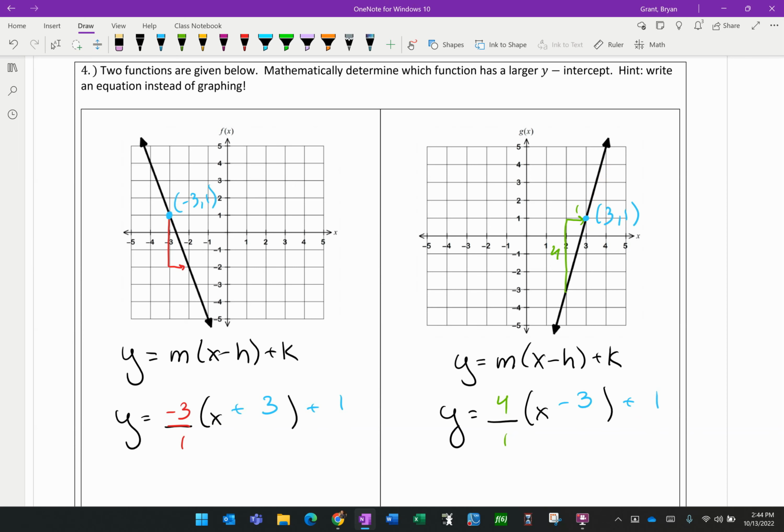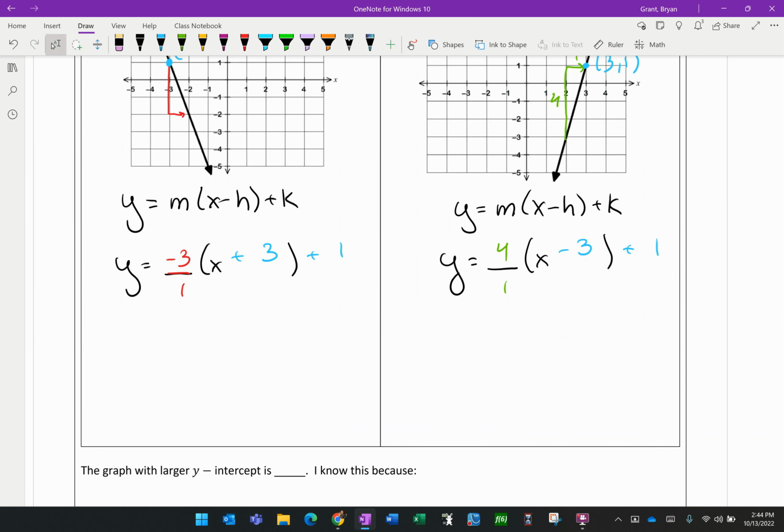Well, now I have equations here. How does that help? Well, there's two different ways to find a y-intercept. One way you might remember is we could distribute and convert this to slope-intercept form, because in slope-intercept form, the b value is the y-intercept. So let's try that. I'm going to distribute negative 3 over 1 to both of these, but don't forget that negative 3 over 1 is just negative 3.